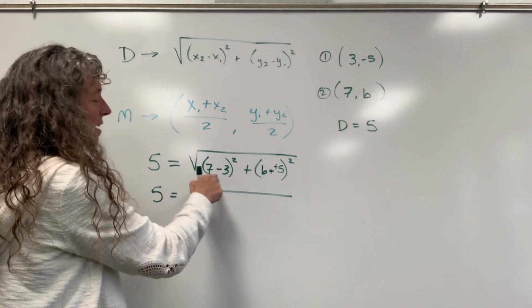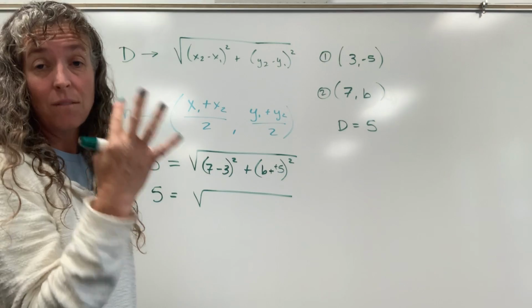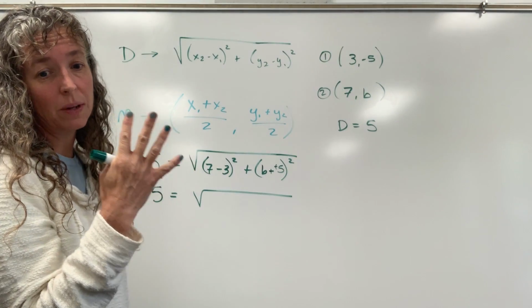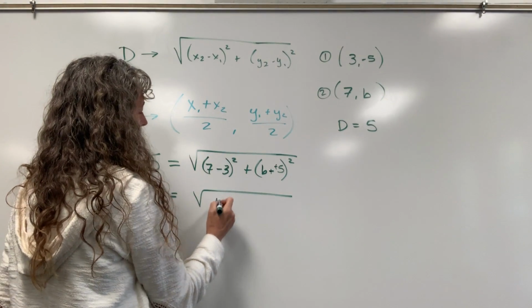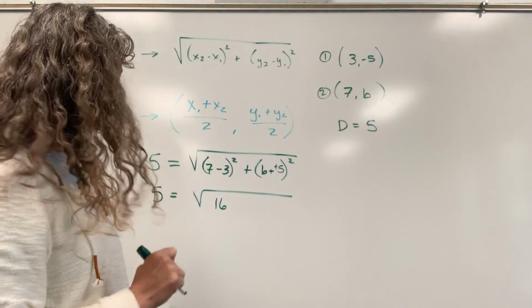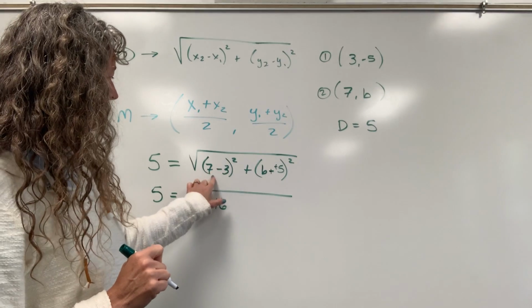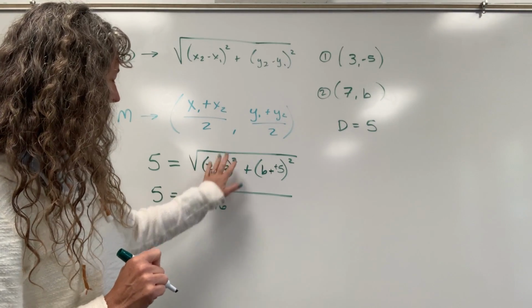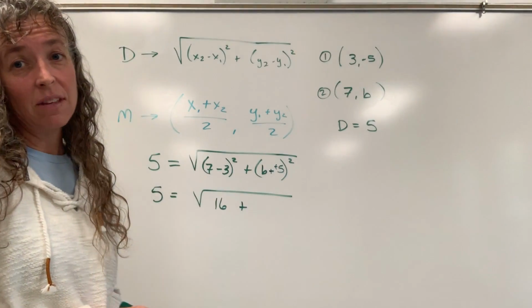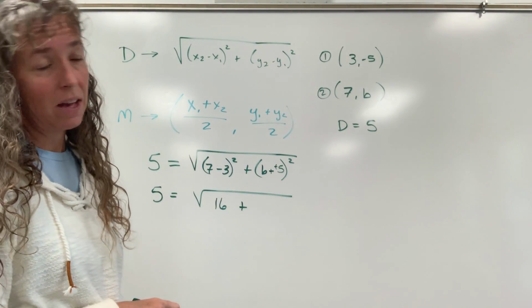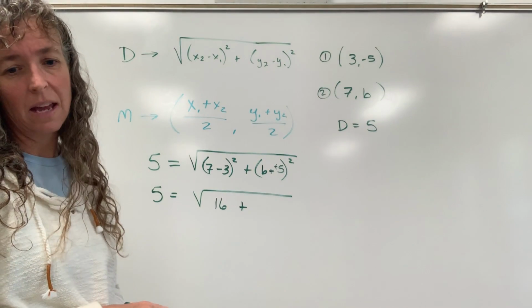Okay. So what's 7 minus 3? 4, right? 7 minus 3 is 4, so we're going to do 4 and we're going to square it. What's 4 squared? 16. I hope that wasn't too fast, but I think we could do that all at one time, right? 7 minus 3 is 4. 4 squared is 16. Okay? And then we have this crazy thing that's a b plus 5, because we switch it to that, squared.